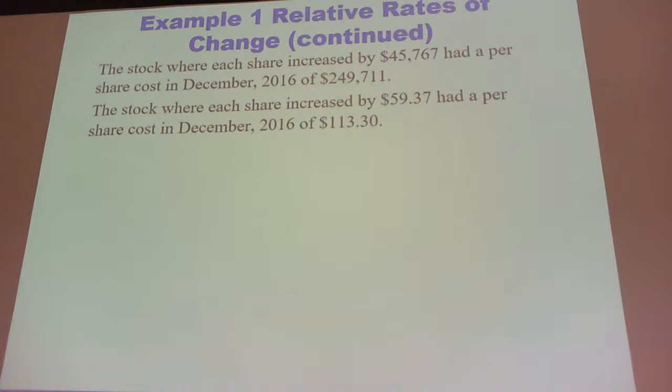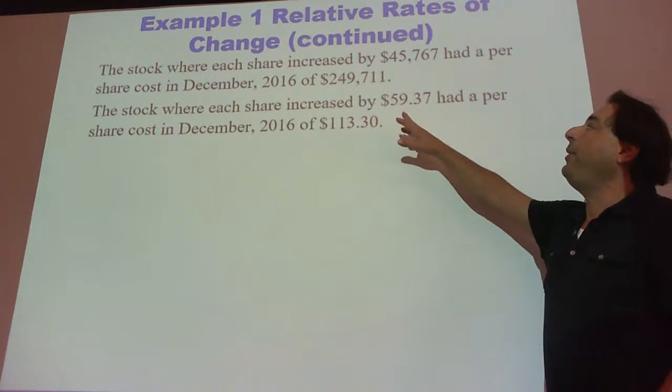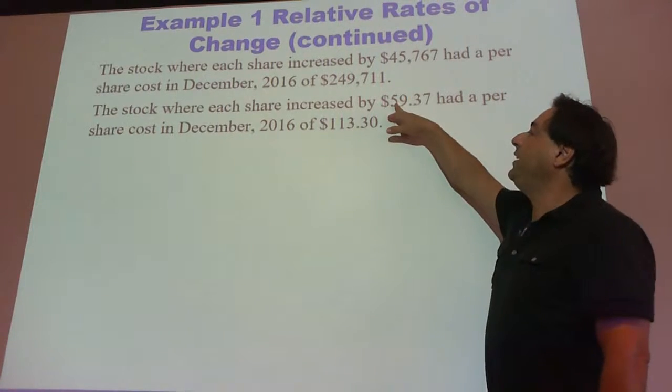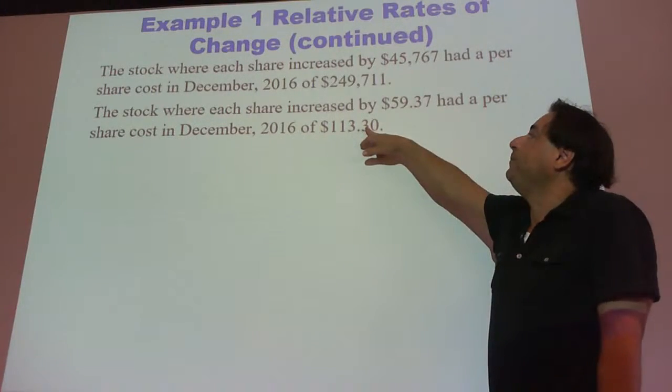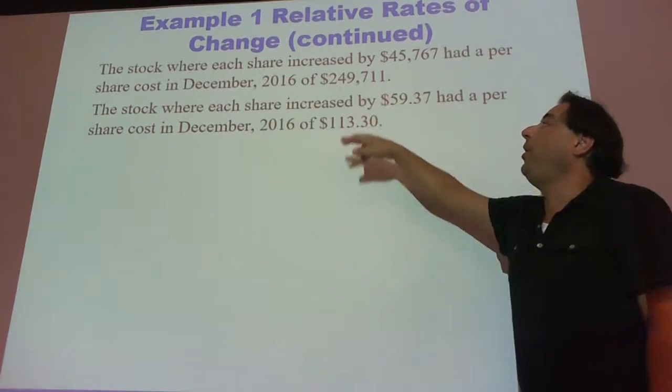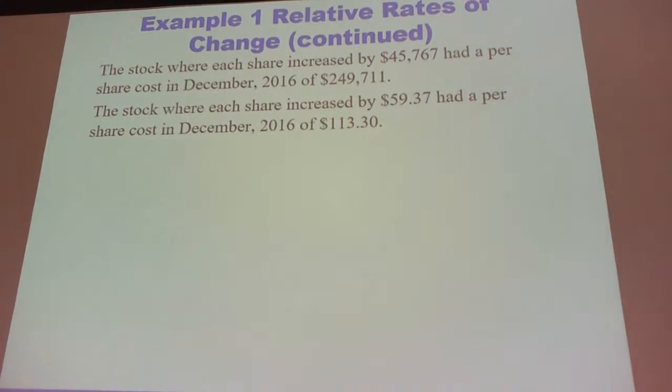And if it went up $59.37, but each stock was $113.30, now we can start comparing. $59 is over half of 113, but the 45,000 is only a part of, not half of, 249,000.